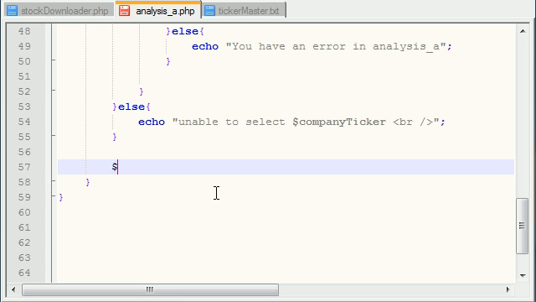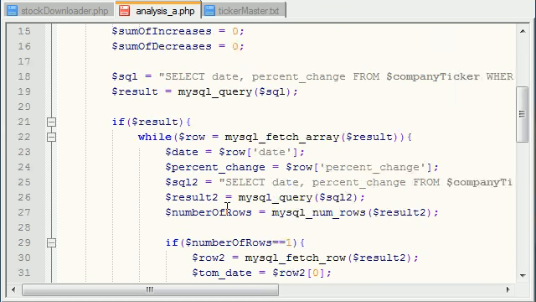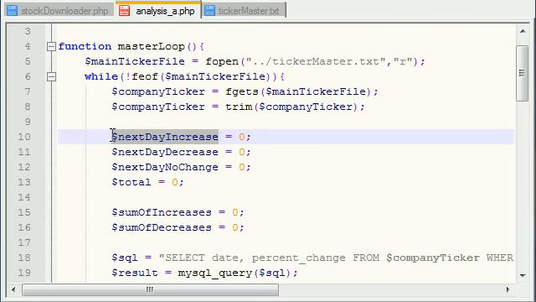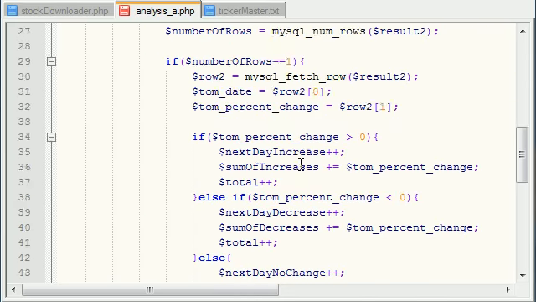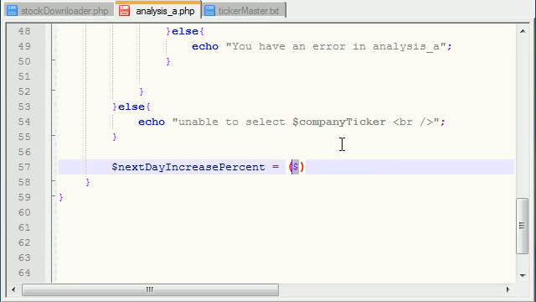The very first thing I'm going to do is make a variable called next day increase percent. Hopefully I typed that right. This is basically the percentage of days it went up, in my example 80%. The formula is next day increase, which was the sum of days that we calculated, over the total.